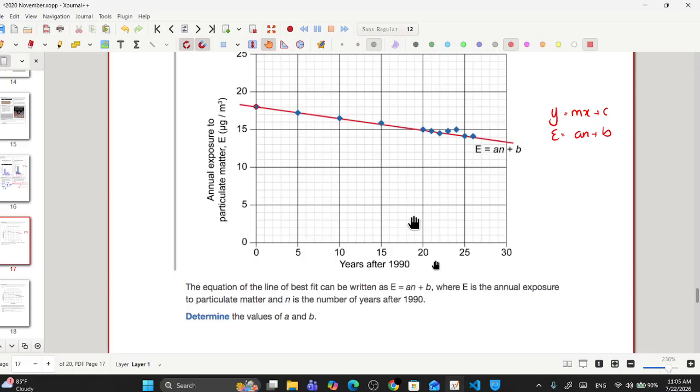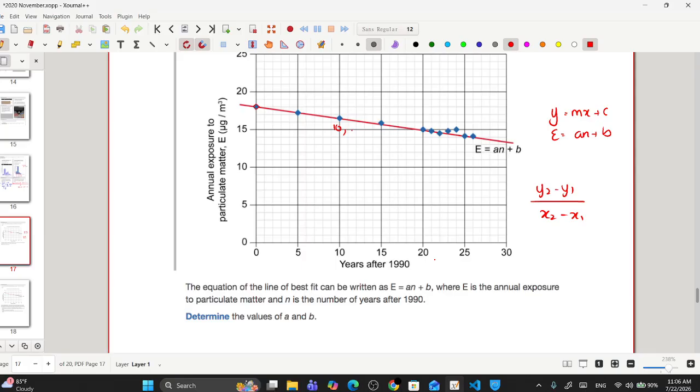10 comma 16.5 and this coordinate which is 5 comma 17 as an example. We have y2, x2, x1, y1.